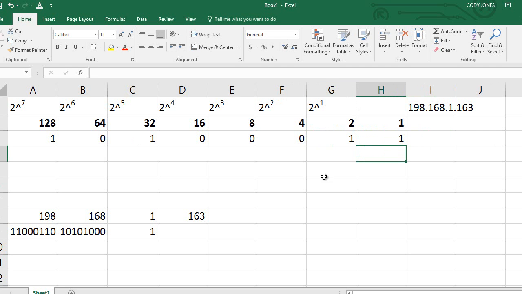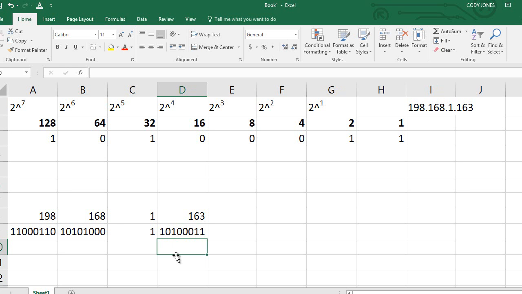And there's our binary for 163: 10100011. So that chart should help quite a bit when you're converting octets between binary and decimal.